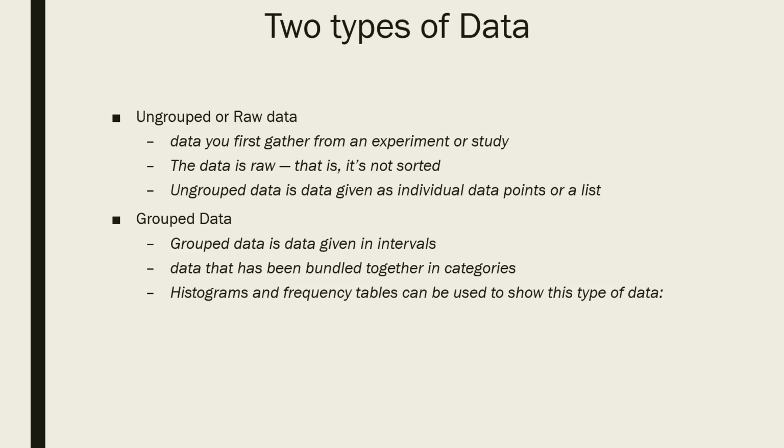Ungrouped data is data you first gather from an experiment or study. This data is raw. It's not sorted or grouped in any way. It's given as individual data points. When you are given a list of numbers that are not sorted or grouped, that is ungrouped data.